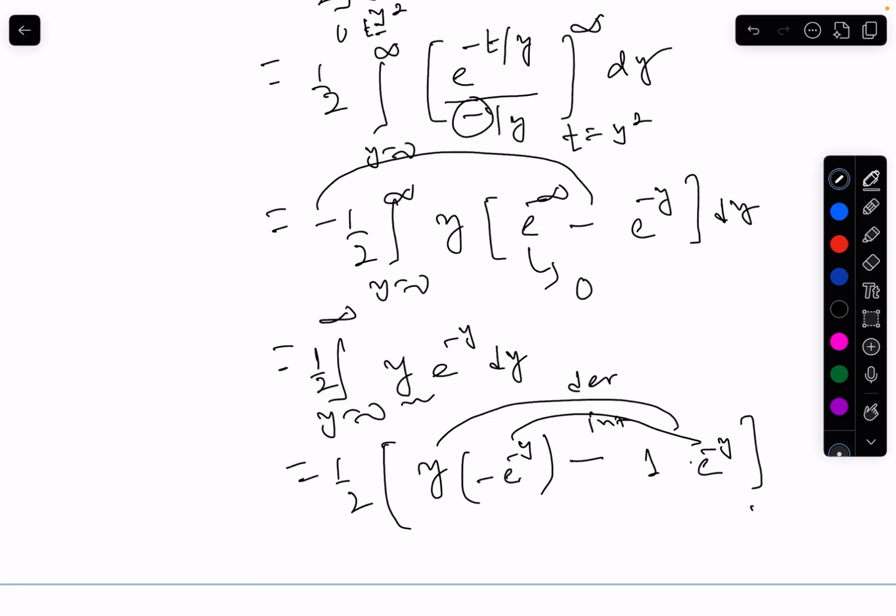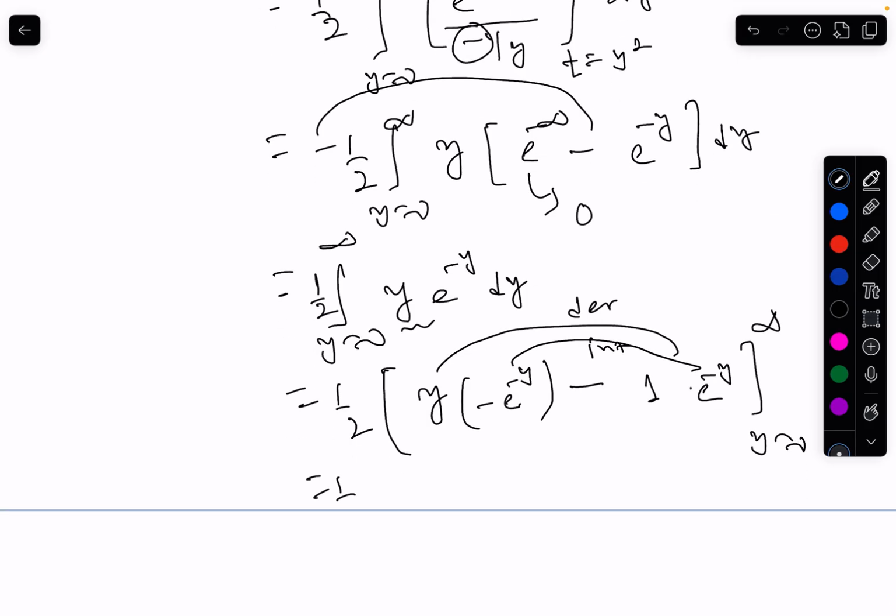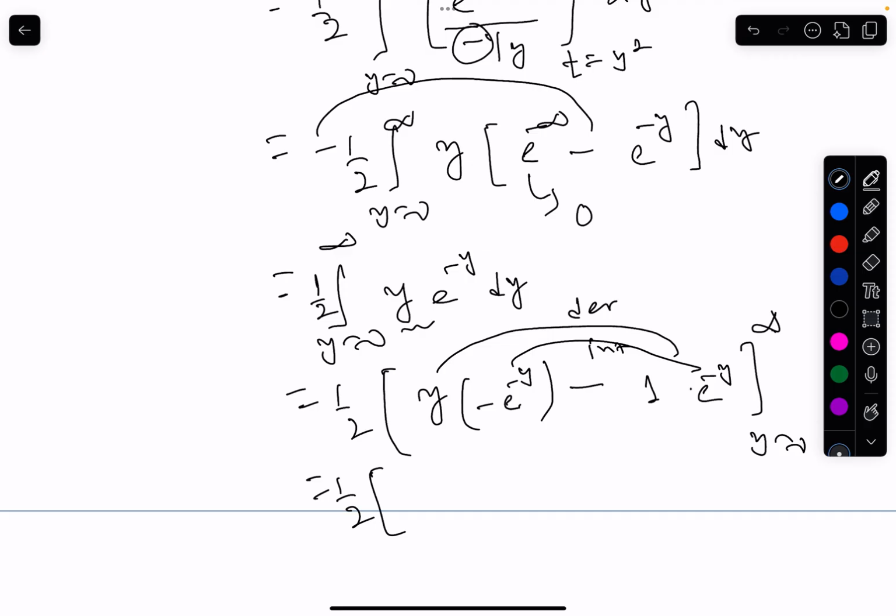And y is 0 to infinity. So this is 1 by 2. When y tends to infinity, this is 0. And when y is 0, because of this y, that is 0. So in both the cases, this is 0.